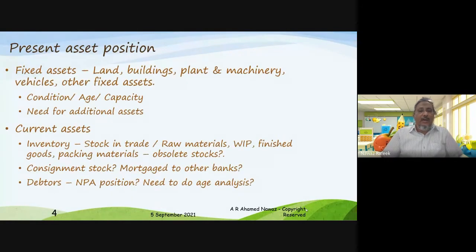Then the present asset position. What you want to find out: fixed assets, land, buildings, plant and machinery, vehicles, and other fixed assets. What is in the balance sheet, and what is given in the loan application?